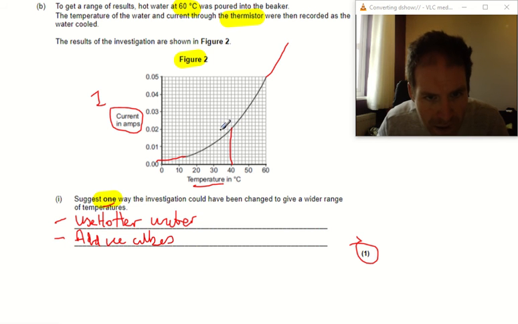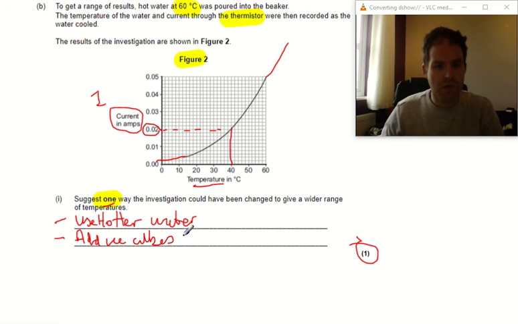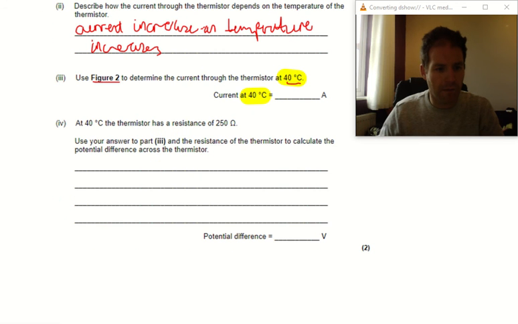Then it goes in along this line over here. If we had a ruler, it would be much better. And that gives 0.02 amps. Don't forget that second naught: 0.02 amps.